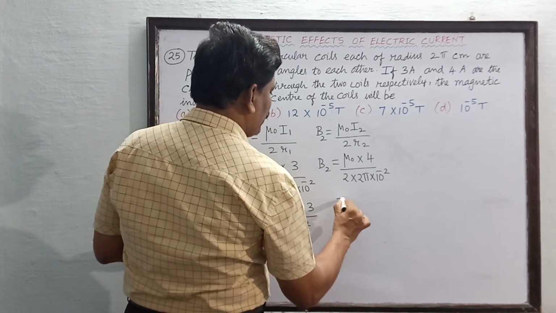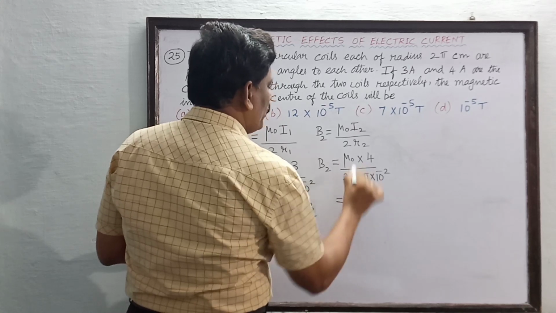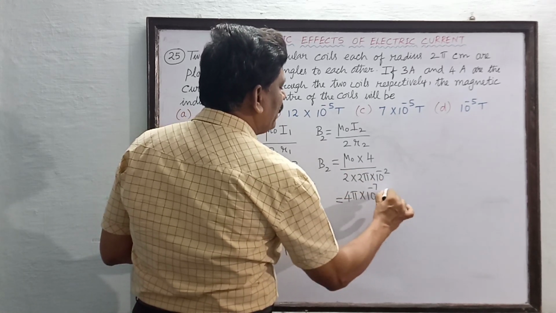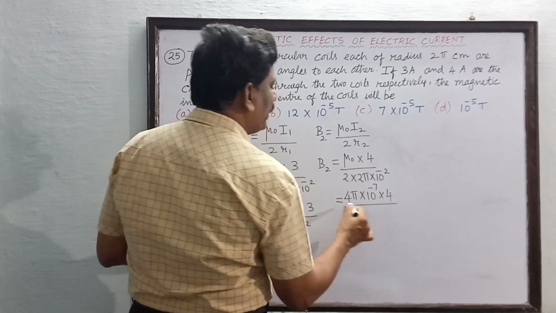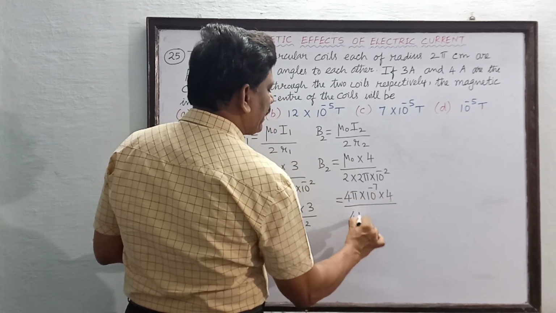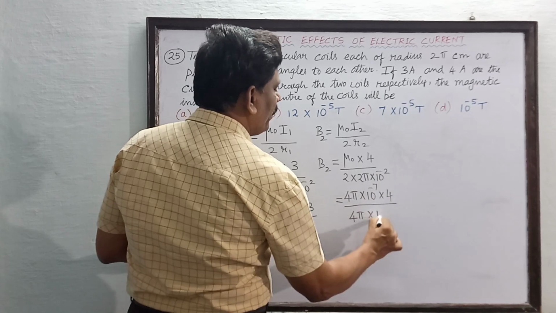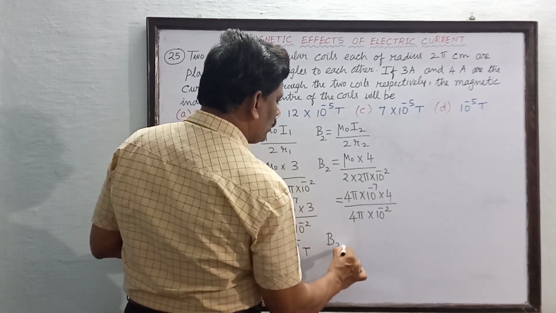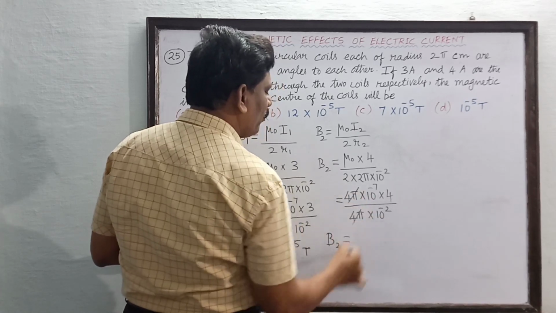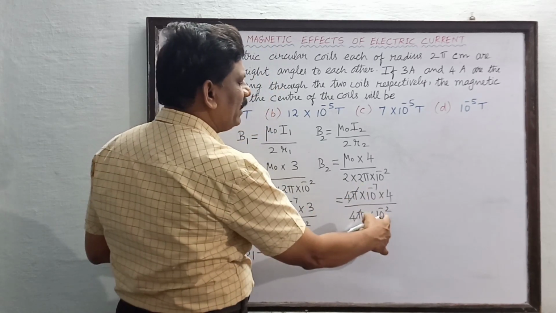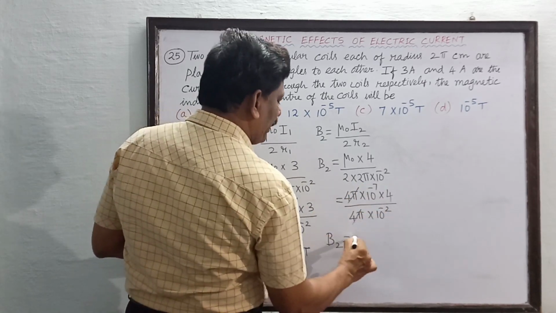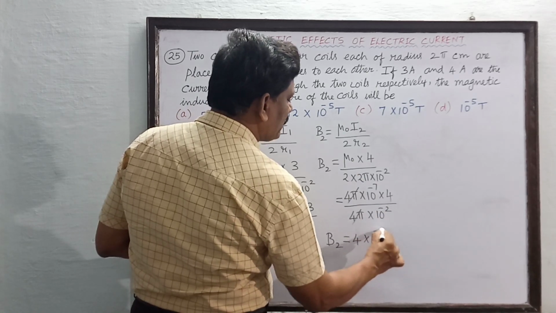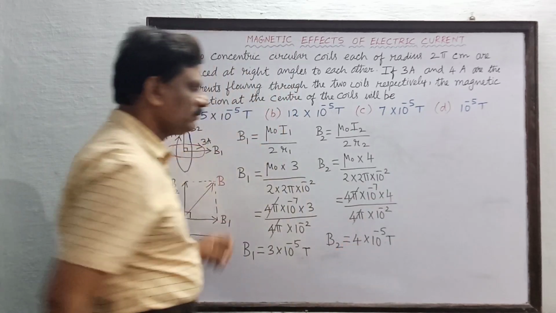Substituting μ0 as 4π into 10 to the power minus 7, into 4, divided by 2 into 2π, once again 4π into 10 to the power minus 2. After cancelling 4π and 4π, 10 to the power minus 7 divided by 10 to the power minus 2, the value of B2 is 4 into 10 to the power minus 5 Tesla.